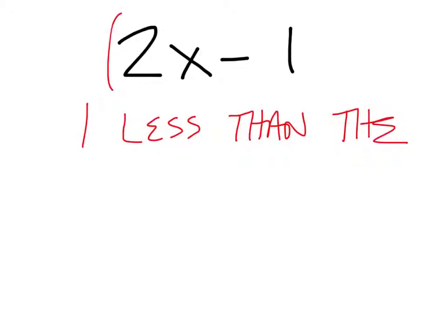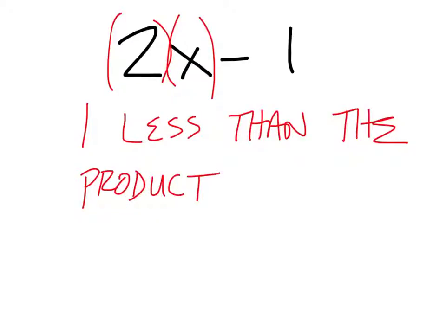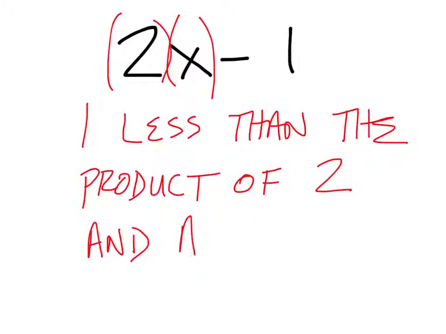What am I doing to these 2 items right here? You're multiplying. And what's the answer to a multiplication problem? Starts with a P. Product. 1 less than the product of 2 and a number. That's right. 1 less than the product of 2 and a number.